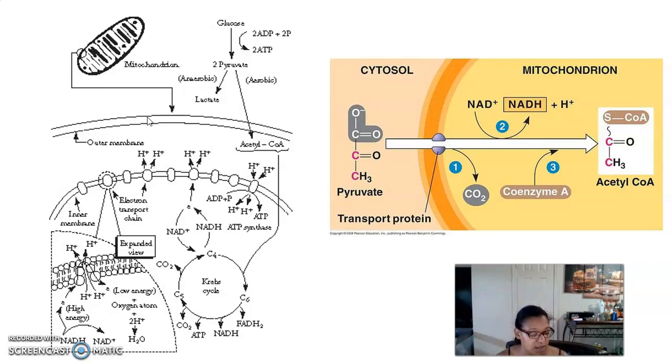It breaks down larger molecules into smaller ones, which is a 6-carbon molecule that'll be broken down into 2 3-carbon pyruvate molecules. The energy used to split the glucose is done by 2 molecules of ATP, which is adenosine triphosphate.